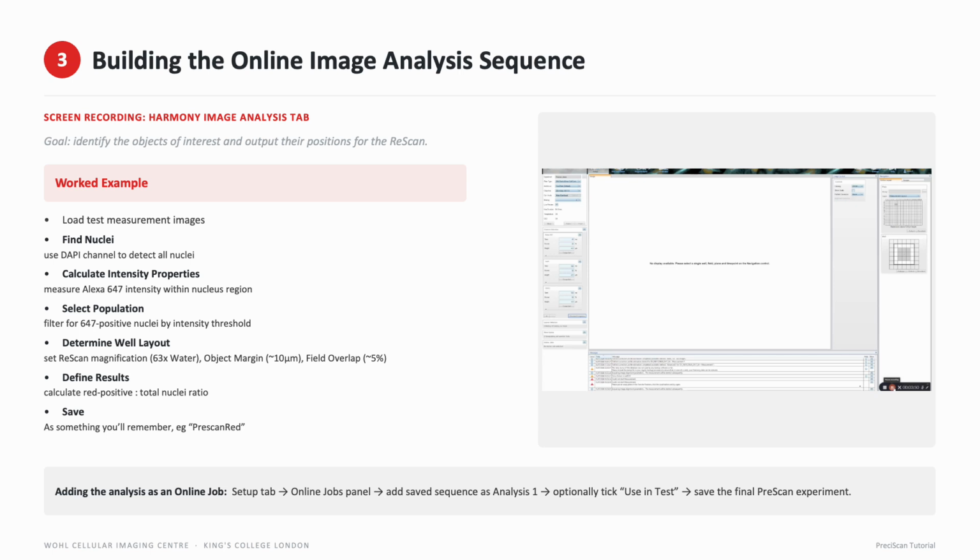And then crucially, we add a block called determine well layout, which is where we are able to have the analysis sequence tell the rescan sequence which fields to image. And there's a little tweak that we need to do to define results as well to make it work every time.